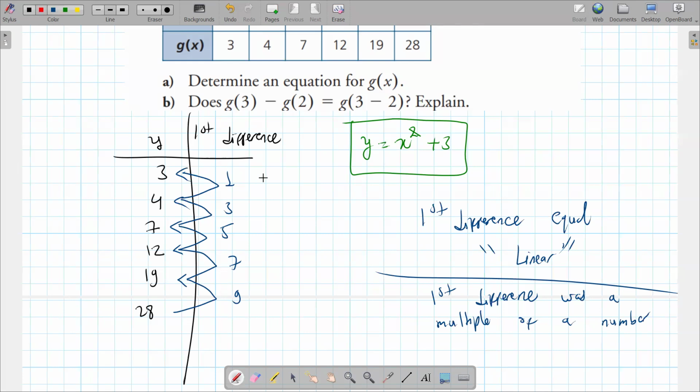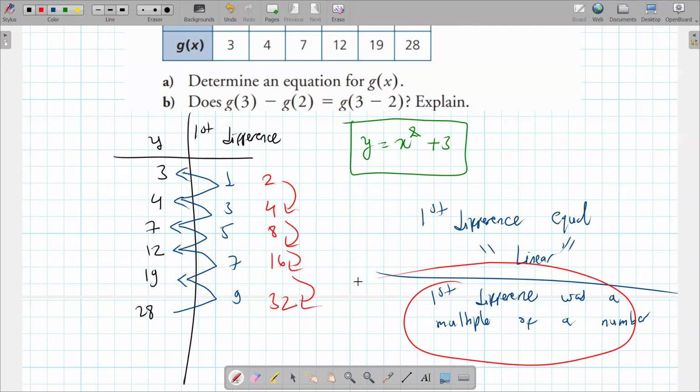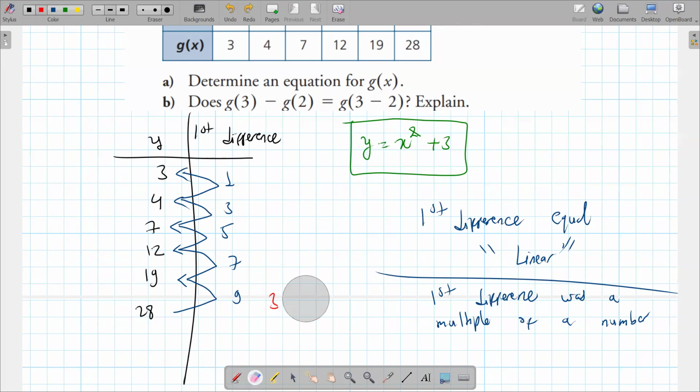Let's say you have 2, 4, 8. Notice how it's being multiplied by 2 every single time. You're multiplying by the same number to get to the next digit. If your first difference is a multiple of a number, then it's exponential. So is this either linear or exponential?